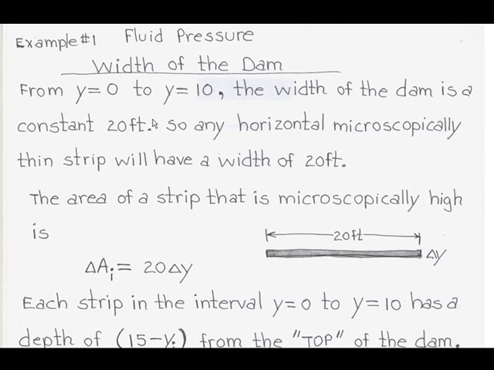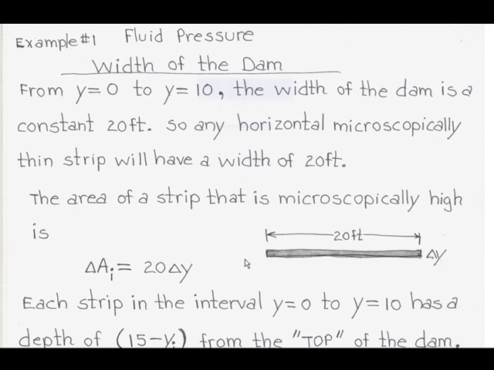Width of the dam. From y equals 0 to y equals 10, the width of the dam is a constant 20 feet. So any horizontal, microscopically thin strip will have a width of 20 feet. The area of a strip that is microscopically high is delta A sub i equals 20 times delta y.